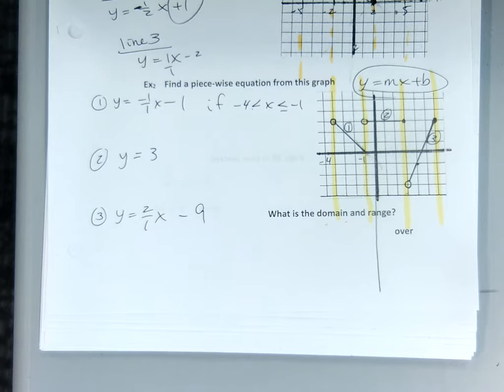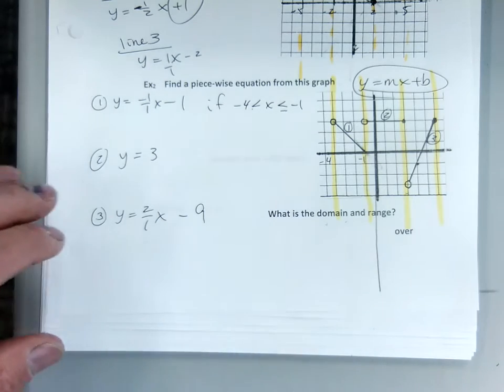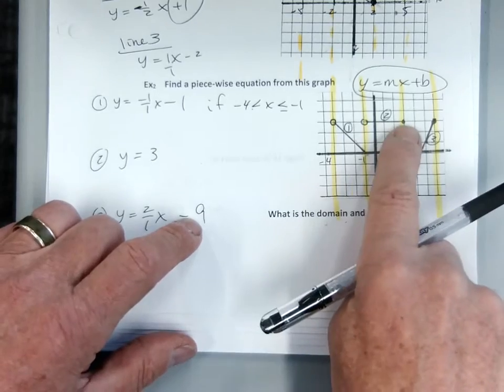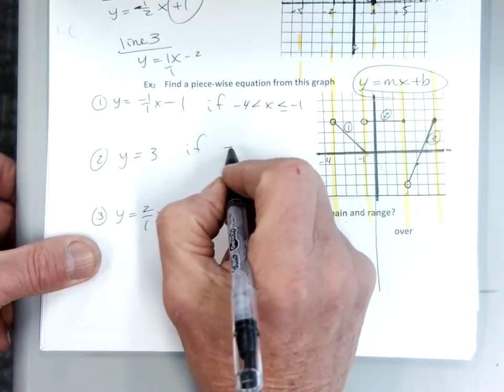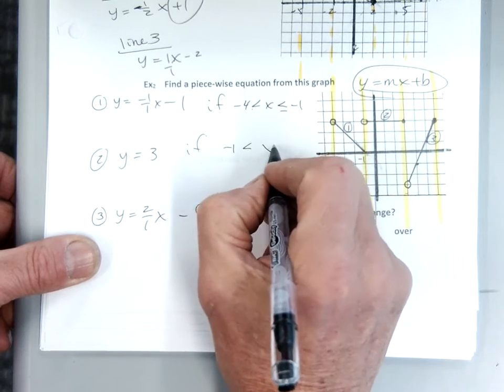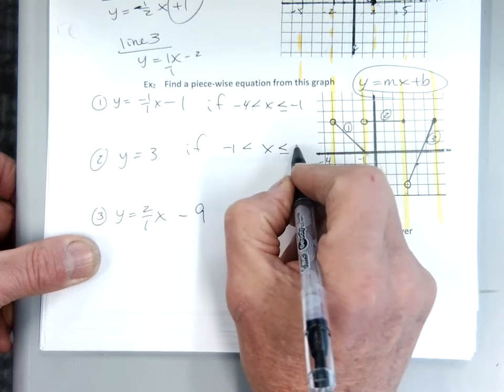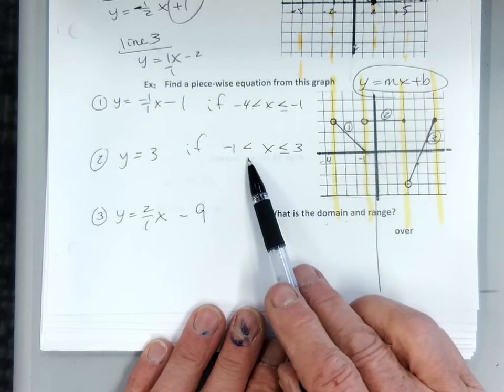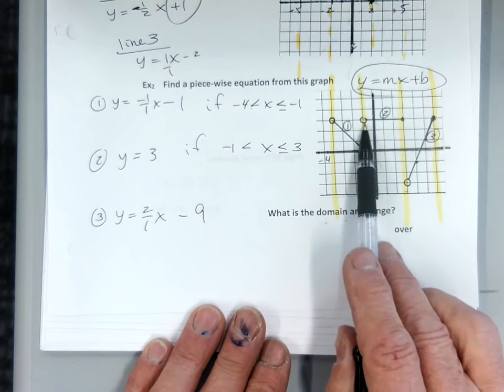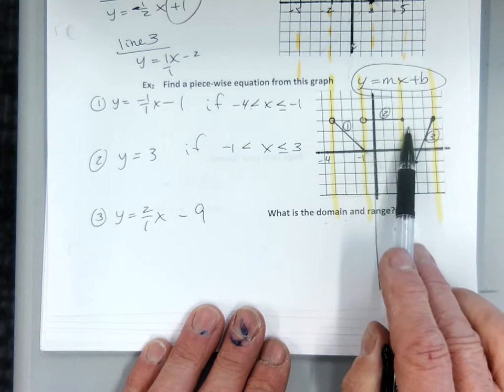Then, for line 2, we're going to say it's between -1 and 3. So say if -1 is less than x, which is less than or equal to 3. Right? And no equal sign because it's open. Equal sign because it's closed.